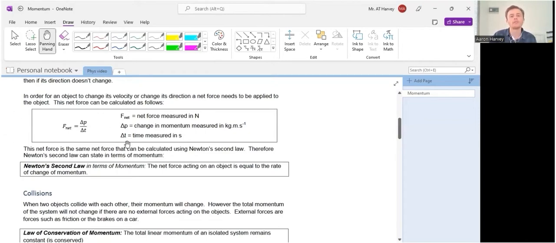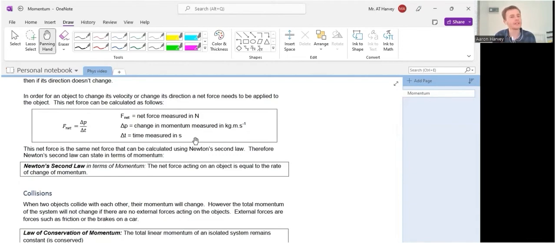Because in a lot of questions that you will do, you will see that this change in time will be minuscule. It will be 0.000 something seconds. But you always need to remember that you will need to make sure your time is in seconds. Just like with the previous formula, I said that you need to ensure that it's in kgs, your mass.